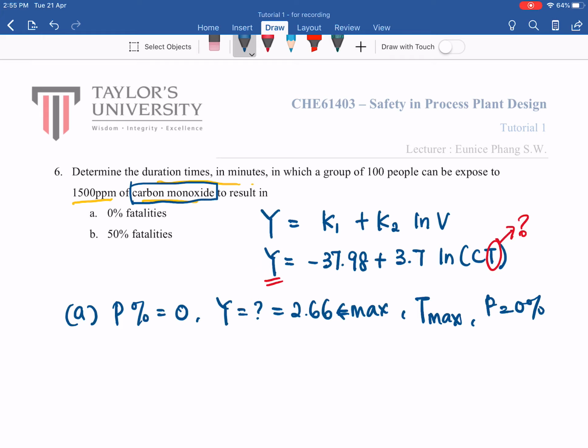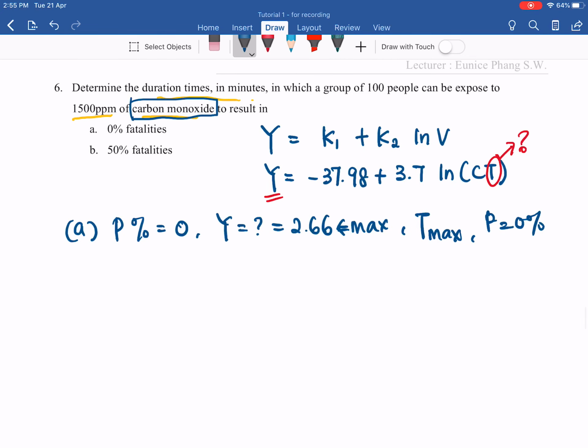Okay, so simple. 2.66 equals negative 37.98 plus 3.7 ln 1500T. Okay, same thing with our calculations just now.